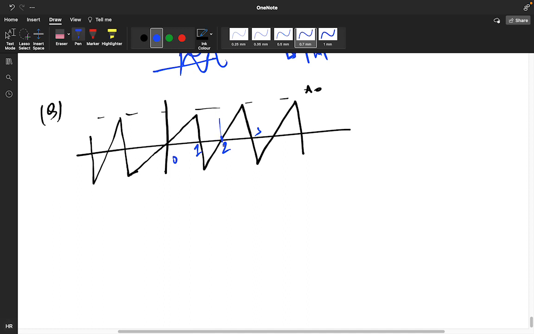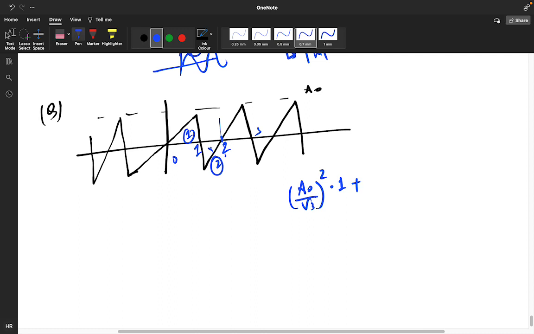Then from here it is repeating. So what is the RMS value? This is triangle 1, this is triangle 2. Do the RMS value calculation and square it. So a0 by root 3, the whole square, times the time 1.